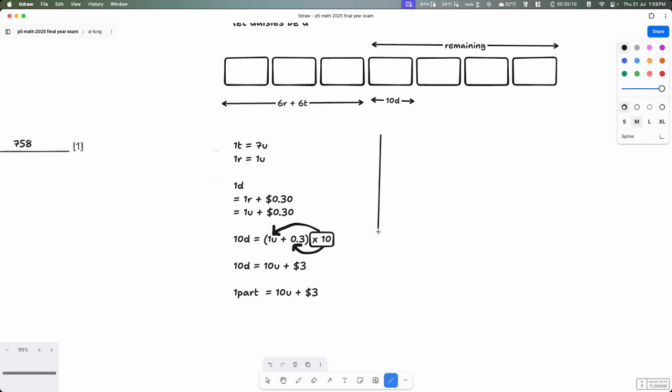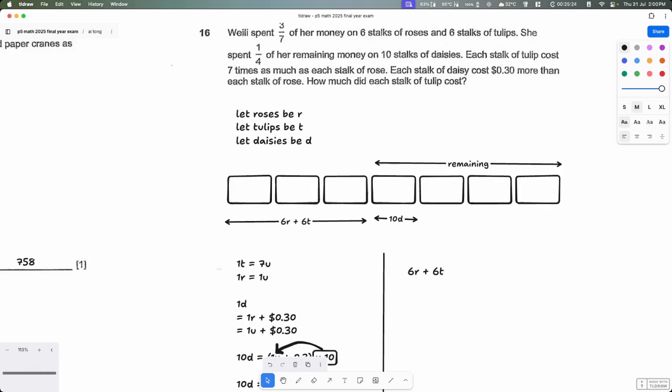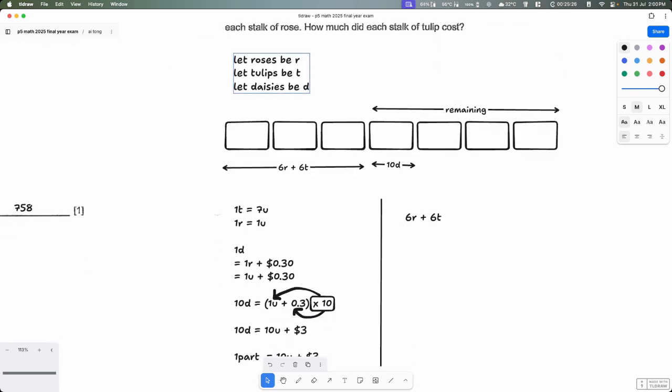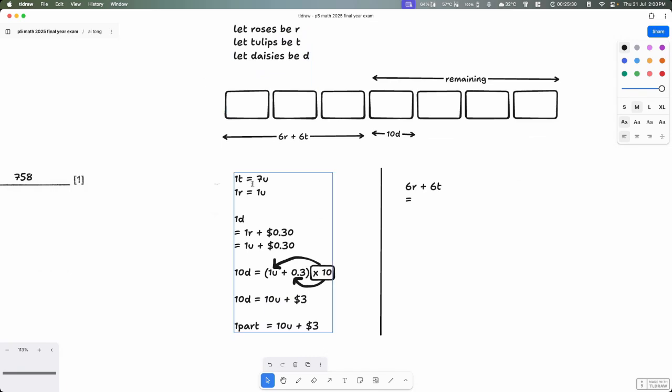Next one is 6R plus 6T, which is 3/7 of our money, 3 parts. So 6R is basically 6 times 1 unit, plus 6T is 6 times 7 units.